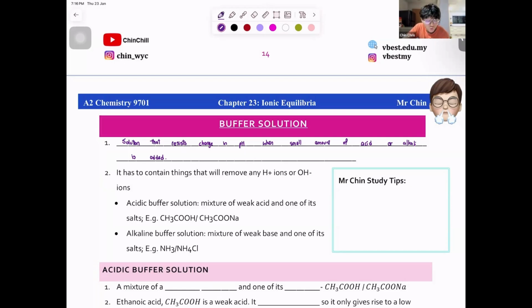Keyword: resist a change in pH. Keyword: small amount of acid or alkali added. That's it.